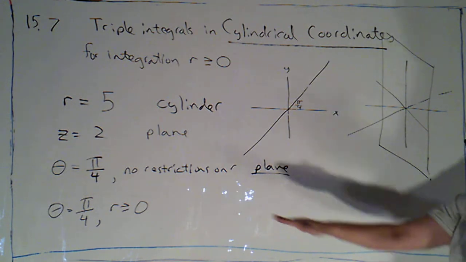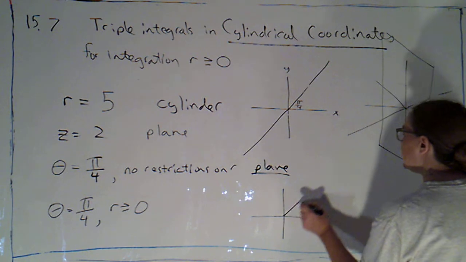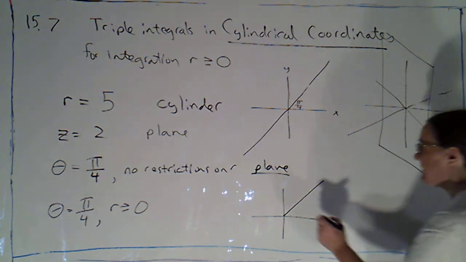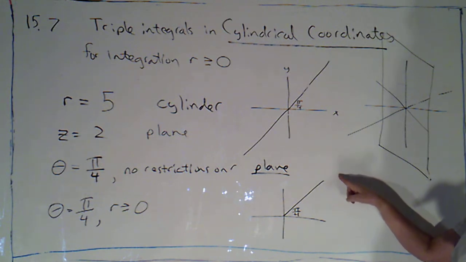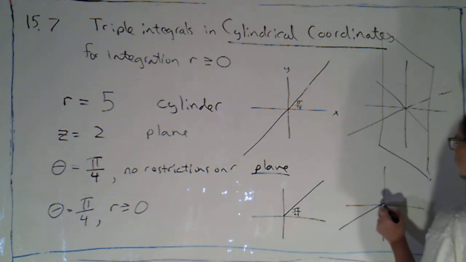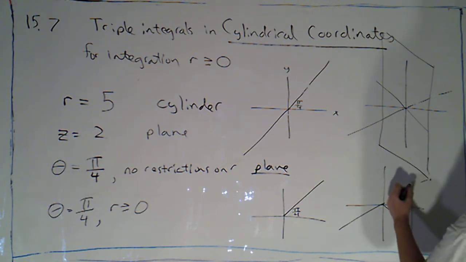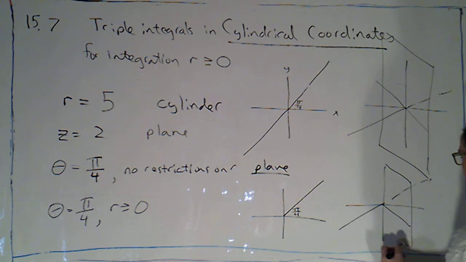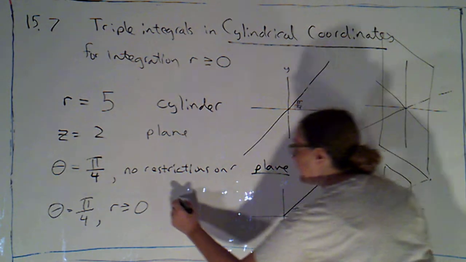Now, if I restrict it so that r is positive, then instead of getting a line in the xy plane, I would get just a ray. And then, when I go to graph that in 3 space, I would just be extruding that ray. So I'm going to get a half plane.